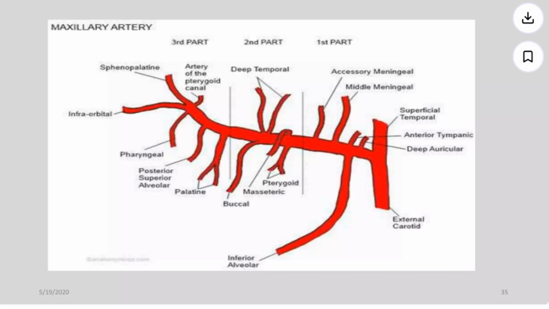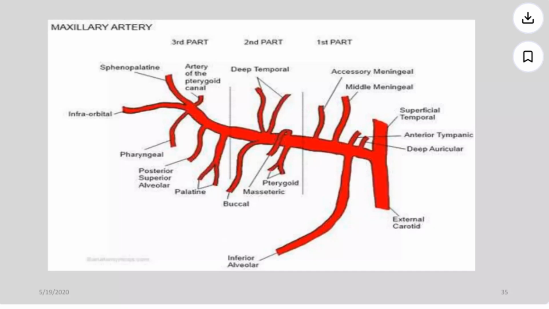In the first part we have the deep auricular artery, then accessory meningeal artery, middle meningeal artery, and anterior tympanic artery. Then we have the inferior alveolar artery.